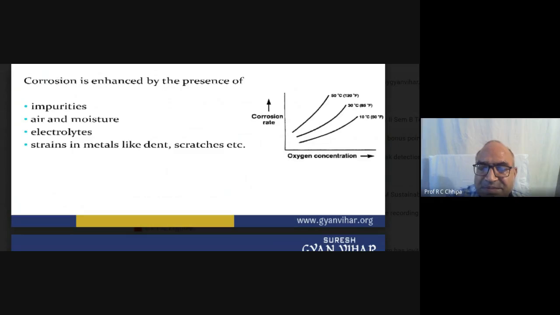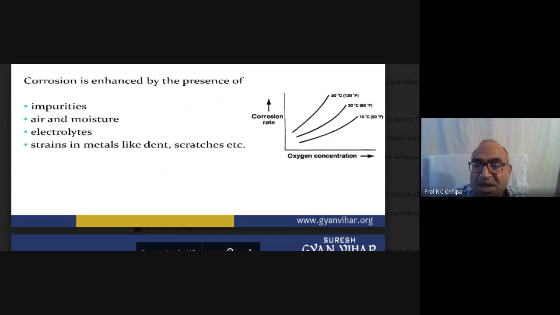However, calcium in the presence of carbon dioxide forms calcium carbonate. This one is well known. However, one more thing is there: the electrolyte. Suppose we have a coastal area, for example Mumbai and Chennai, which are large cities present in the coastal area.